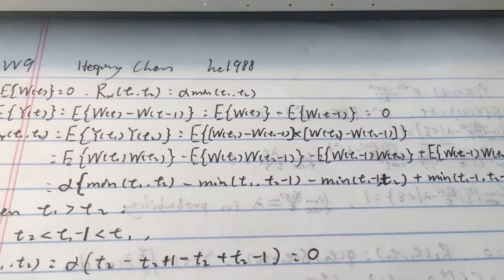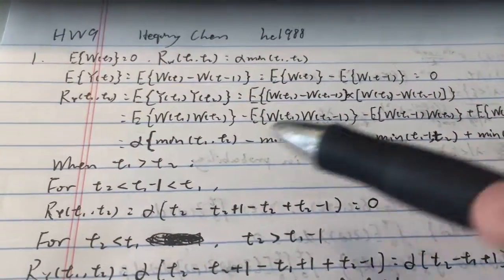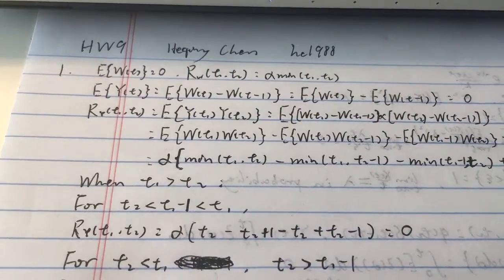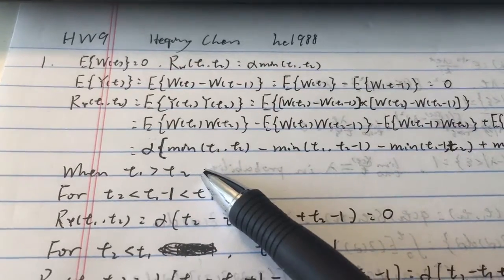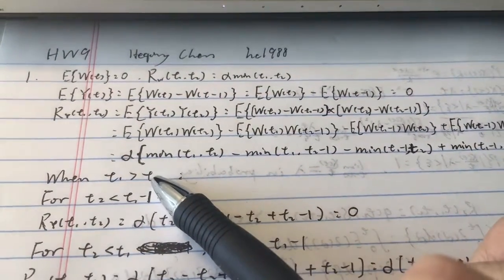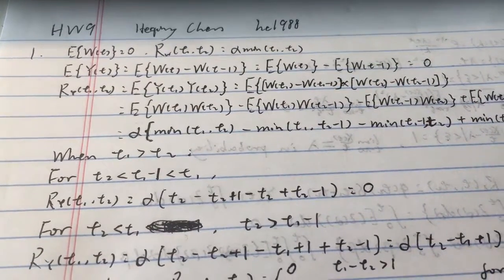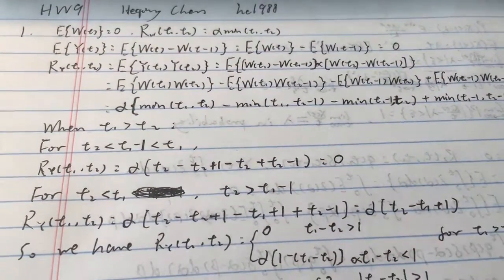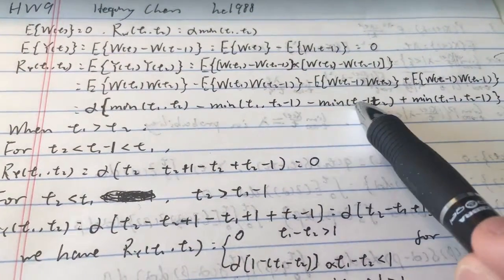Now we need to make some assumptions. First, we assume that t1 is more than t2, and in this case, we also need to consider different cases, because we have t2 minus 1 and t1 minus 1.